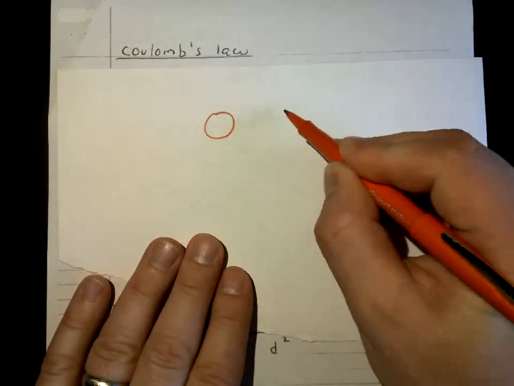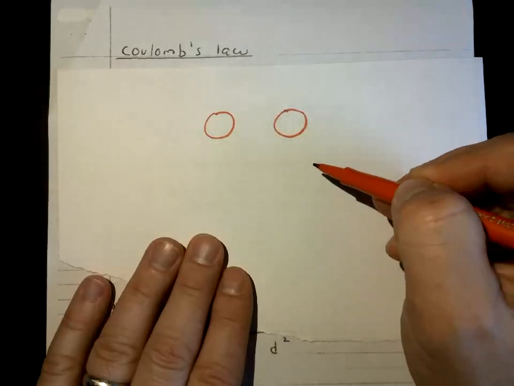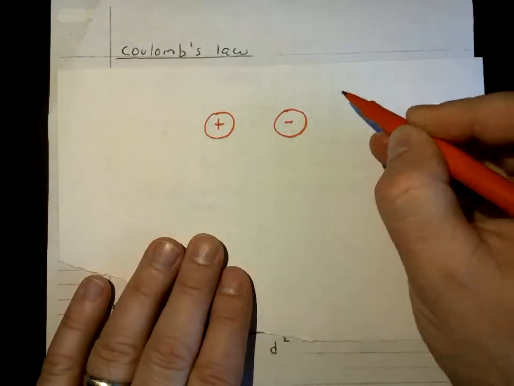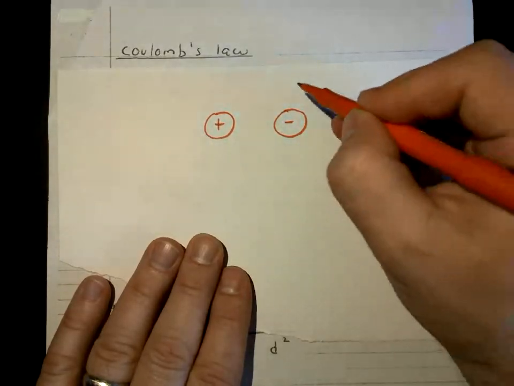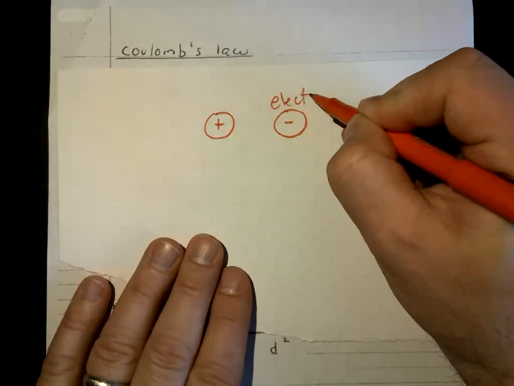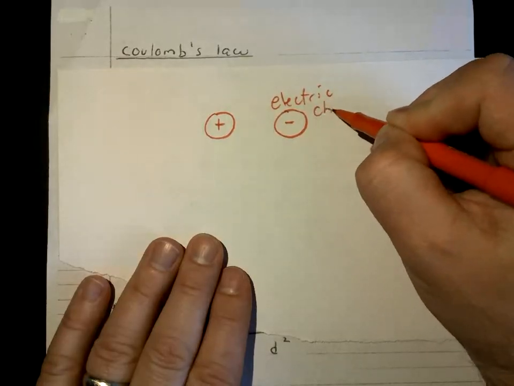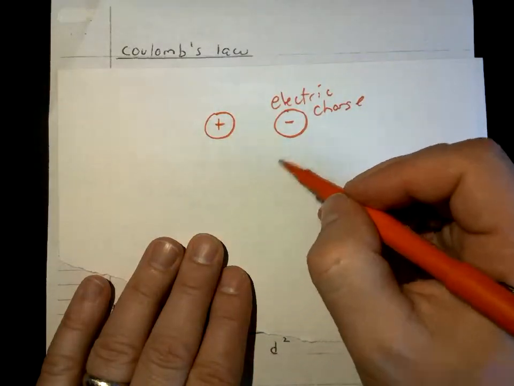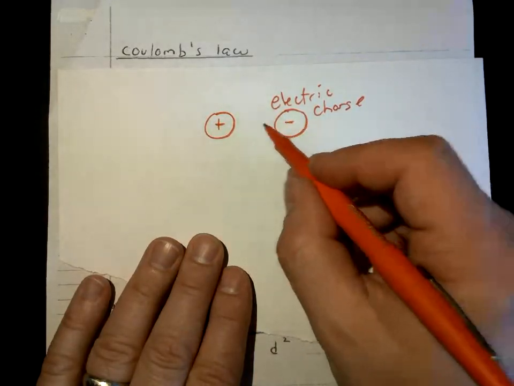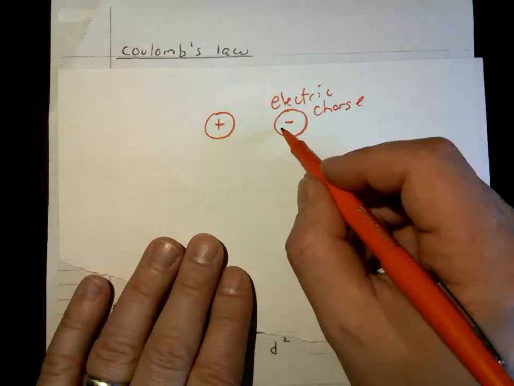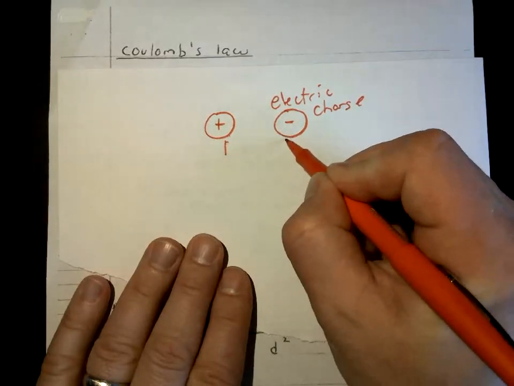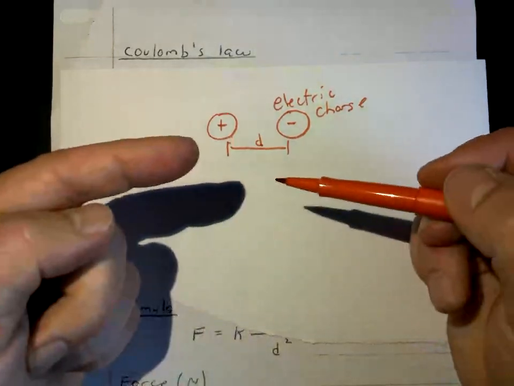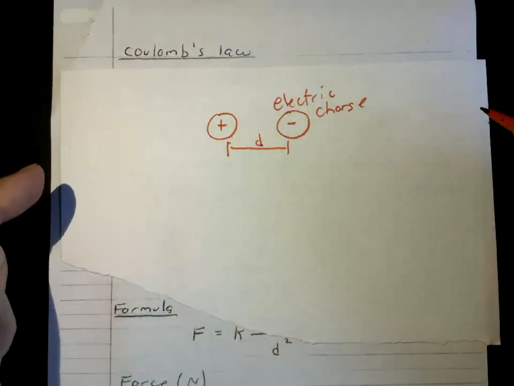So if you take two objects, or maybe a proton and an electron, and they have some kind of electric charge, what this does depends on how strong the electric charge of both of these is. And if you give them a certain distance, they either attract or repel each other.